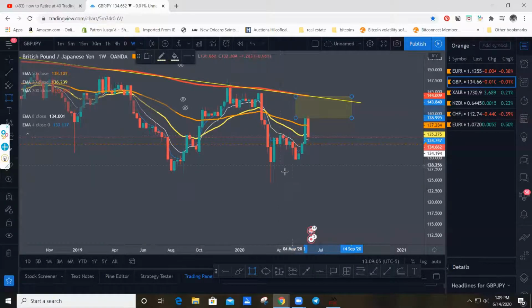Yeah, that's what I was looking at. See that double bottom, and then it pushed through the middle of that W. Right here. To your right.